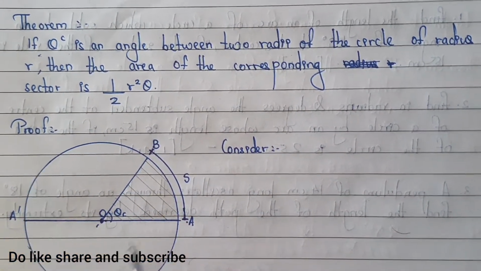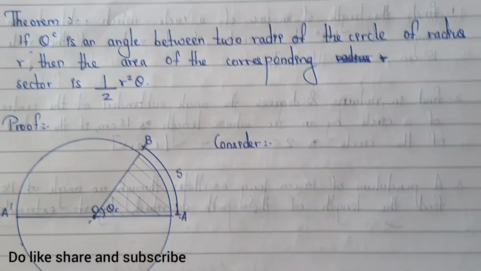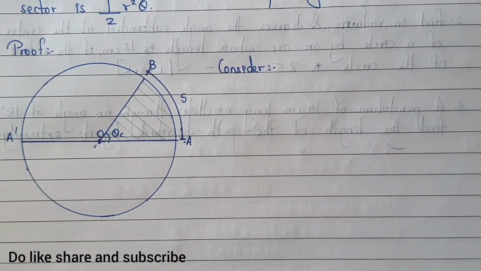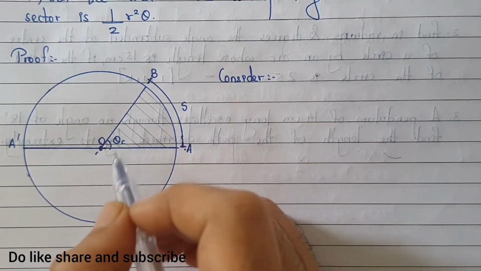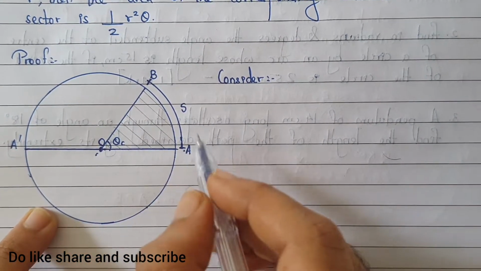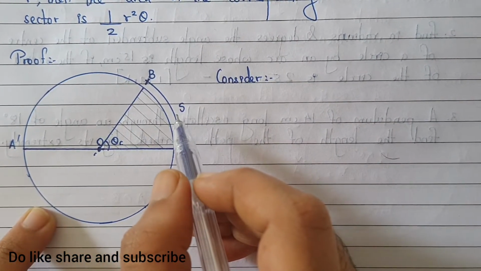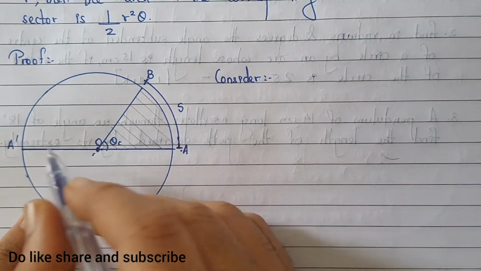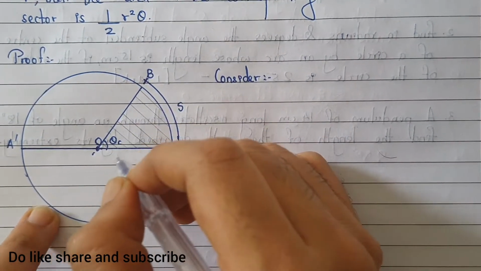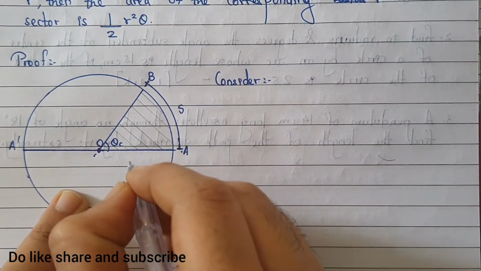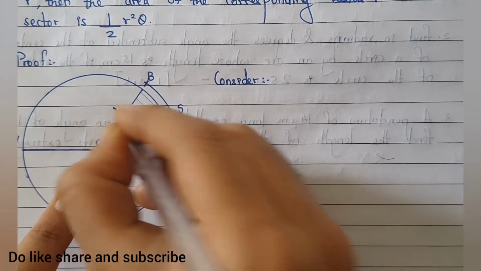So proof, here I have drawn a circle figure. Here O is the center, AB is the arc, AB is the length of arc, similar to the previous one, and here also OA is equal to radius of the circle.